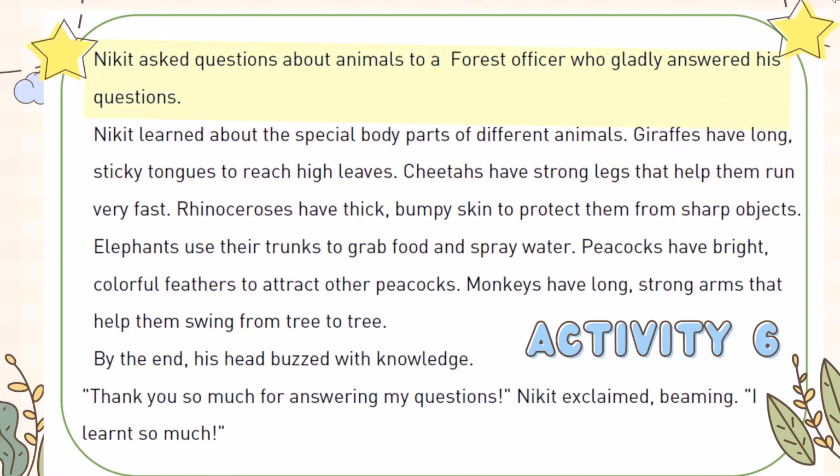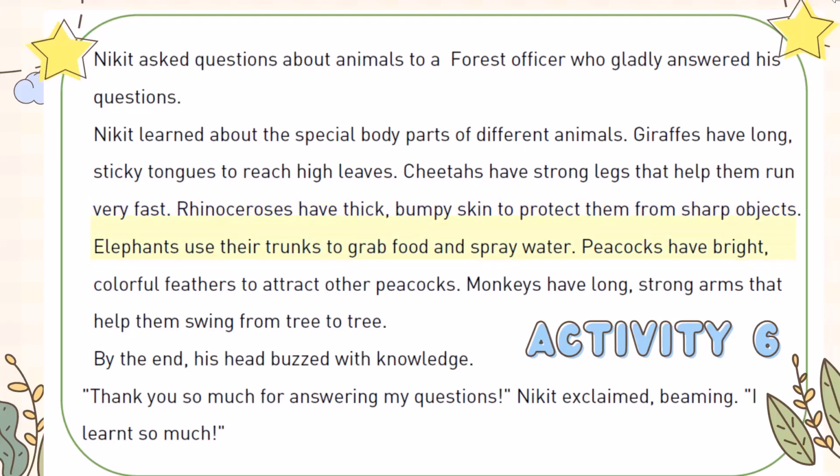Nikit asks questions about animals to the forest officer, who gladly answered his questions. Nikit learned about the special body parts of different animals. Giraffes have long, sticky tongues to reach high leaves. Cheetahs have strong legs that help them run very fast. Rhinoceroses have thick, bumpy skin to protect them from sharp objects.